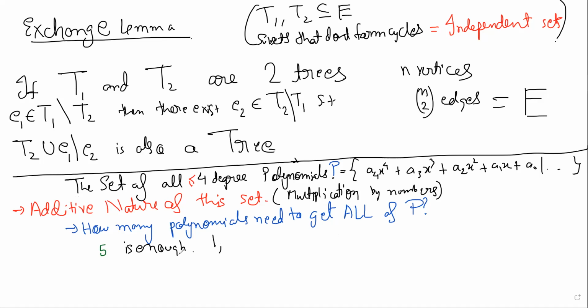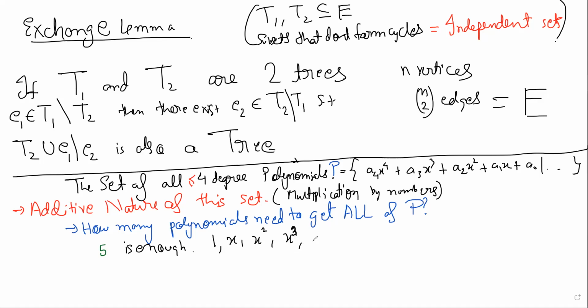Then 5 is enough because we can take 1 and so on. These are the canonical choice, but these are not always good for all purposes. That is why we have to study this subject. This way to write polynomials is not always good, just like writing a number in base 10 is not always the best way to write it.